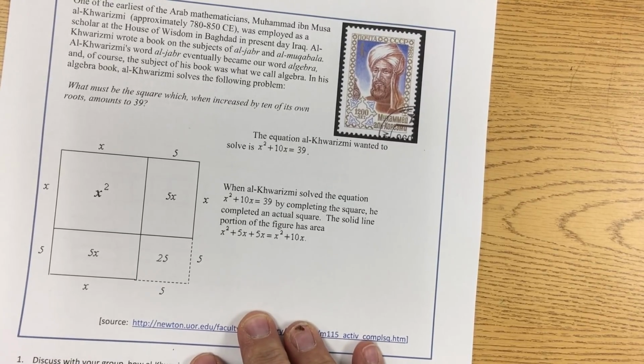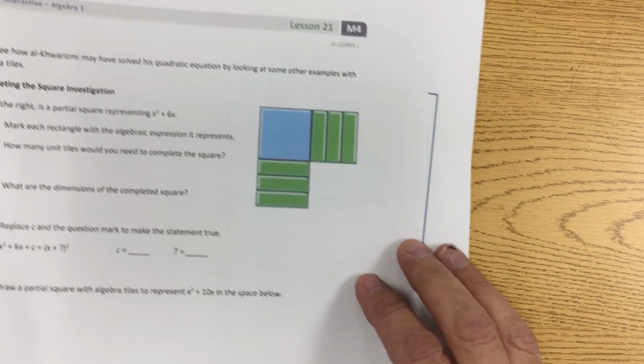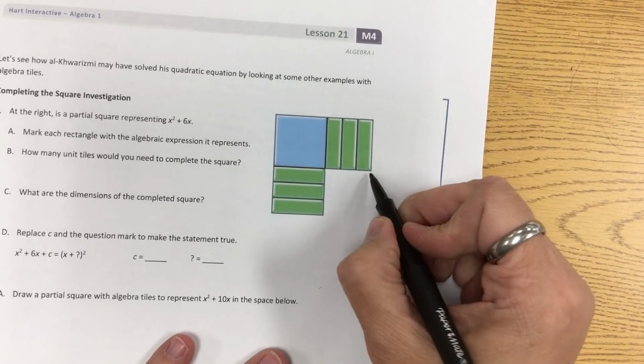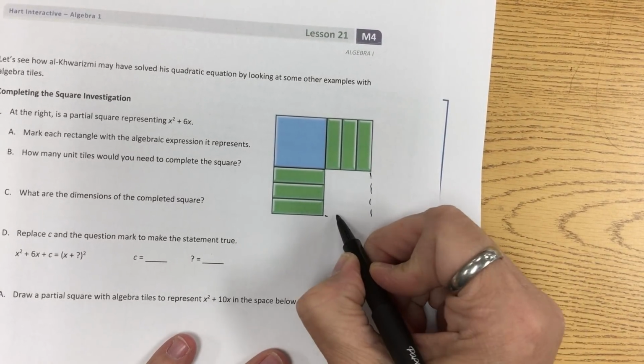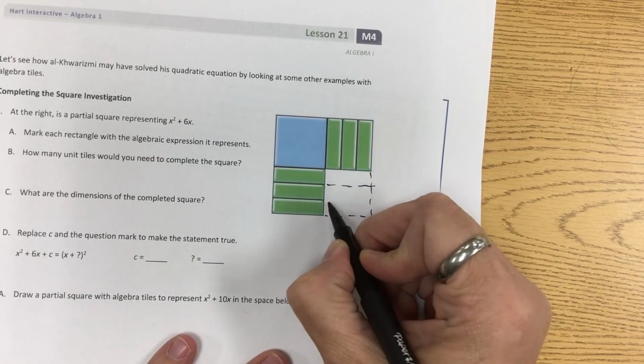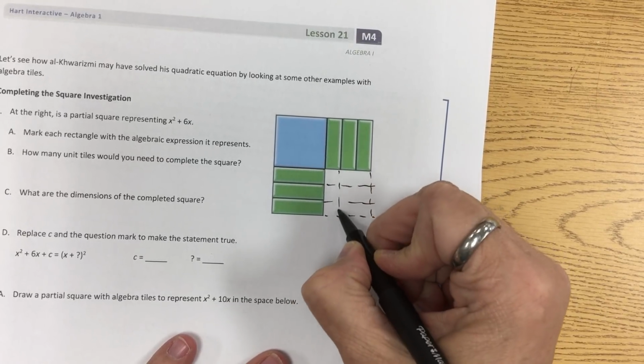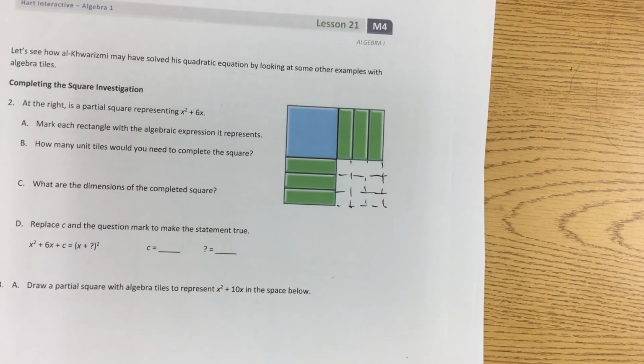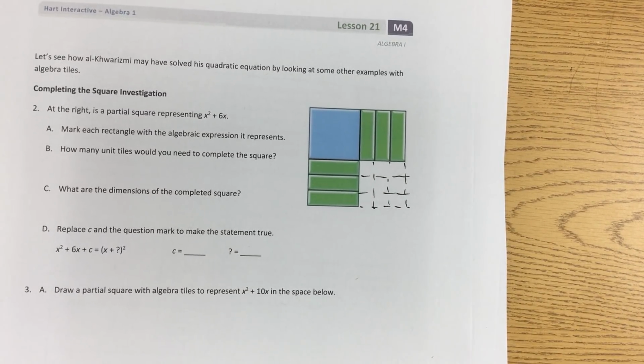Okay, so you should have done number 2, and I'll look at it right here for a second. Now, hopefully you went ahead and drew in right here what you needed to in order to get your perfect square.